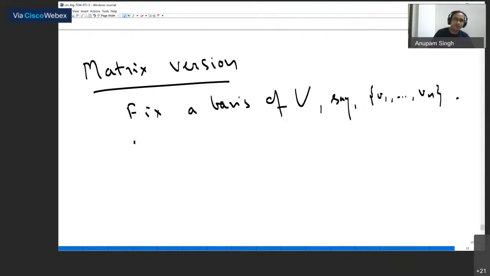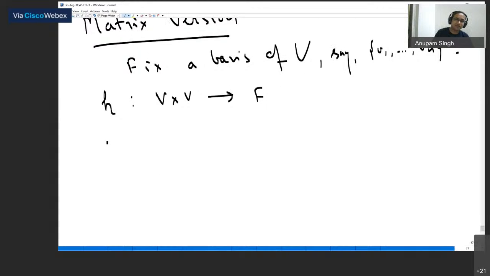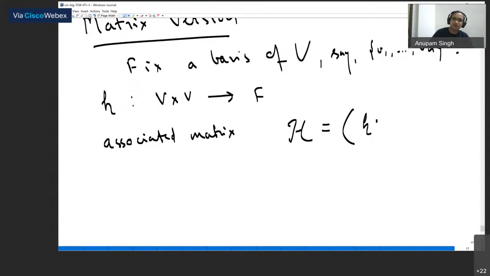And now I have H given, H from V cross V to F. What we can do is associate a matrix. The associated matrix, denoted by H, is defined by calculating H on Vi comma Vj. This is my matrix.